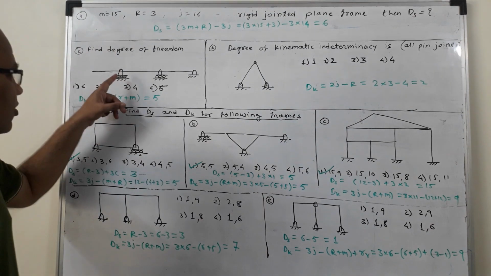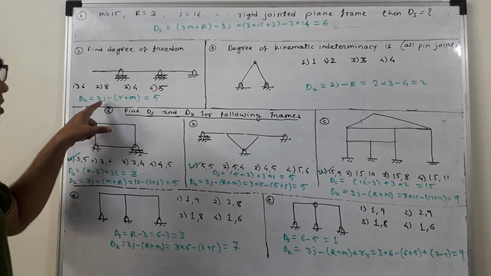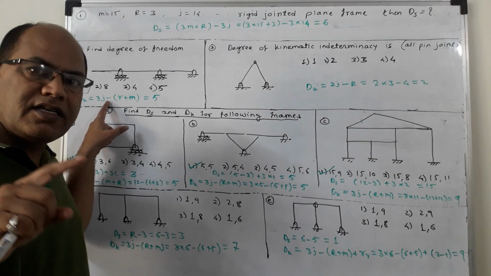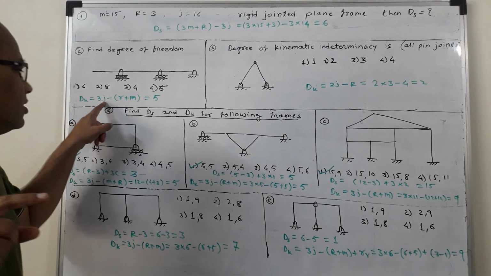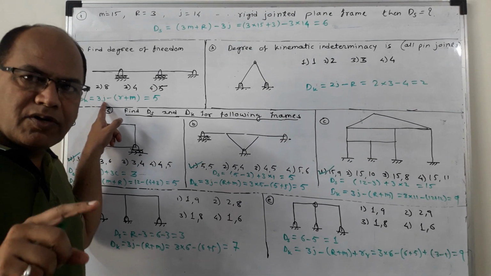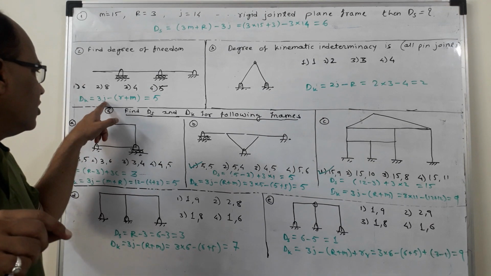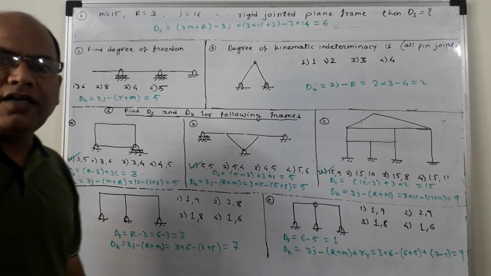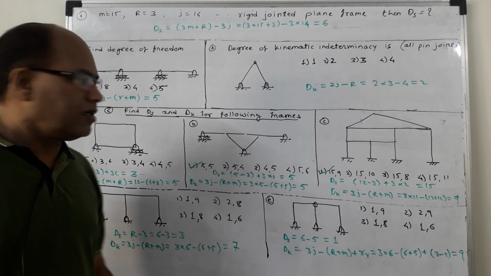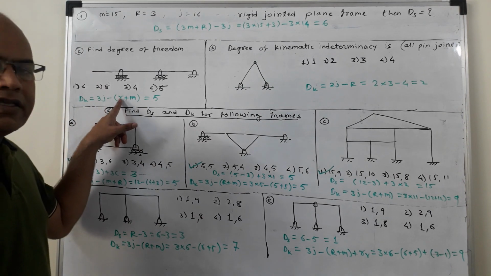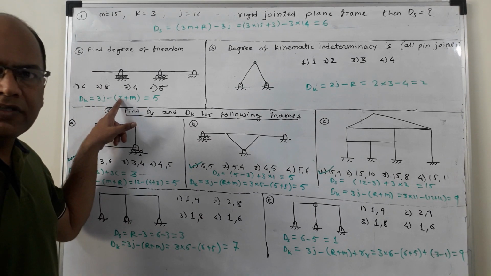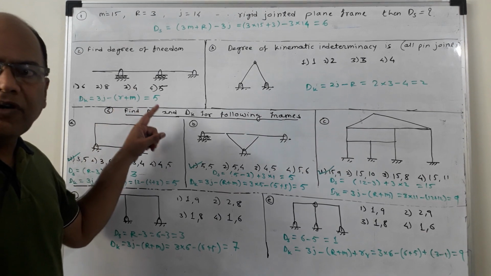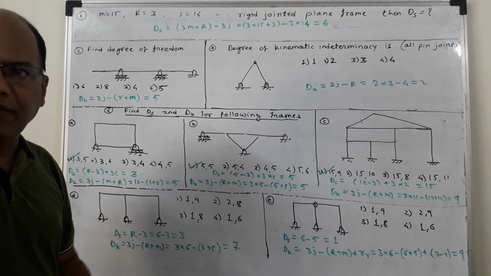Now the total number of unknown displacement components is 3 times j, where j is the number of joints. r plus m are the constraints over there. r is the number of reaction components and m is the number of inextensible or rigid members.